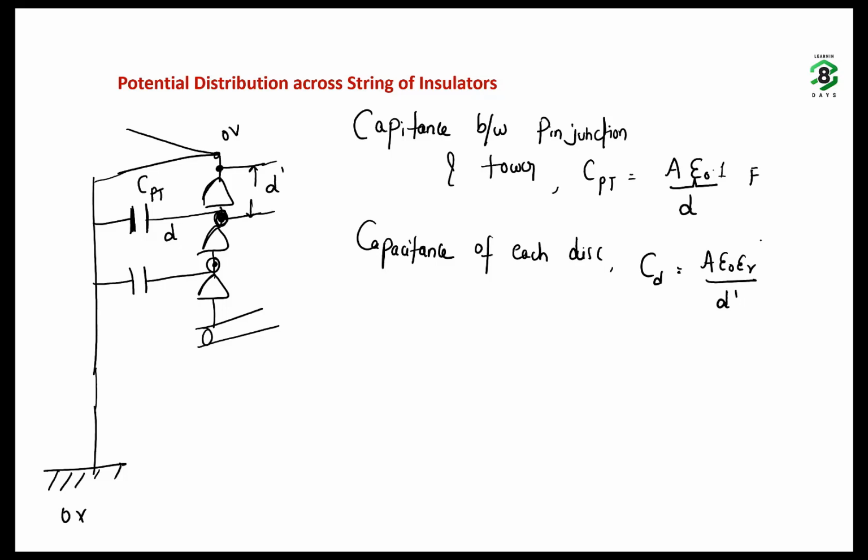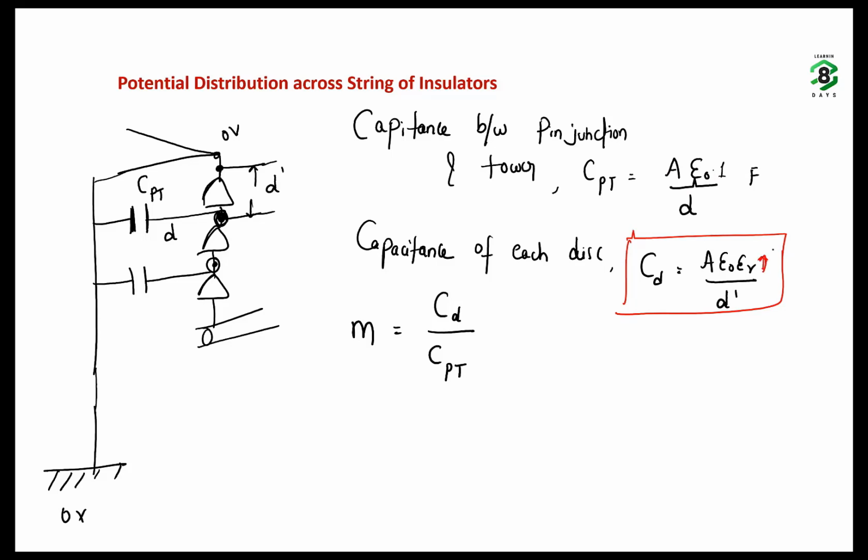Understand? So now I am defining a ratio called M. M is given by CD divided by CPT. Now if you compare the two capacitances, whose capacitance will be greater? Obviously the CD capacitance will be greater. Why? Because even though the area of cross section in both the cases is the same, here the epsilon R value is greater than 1.